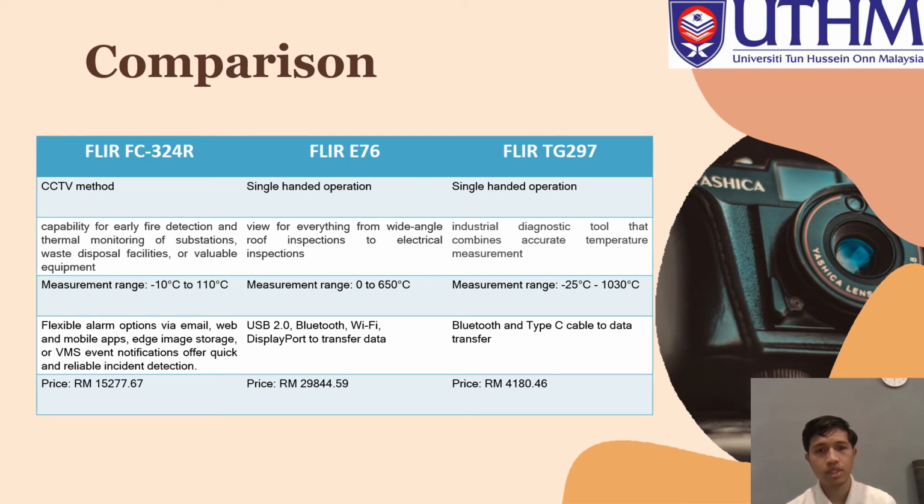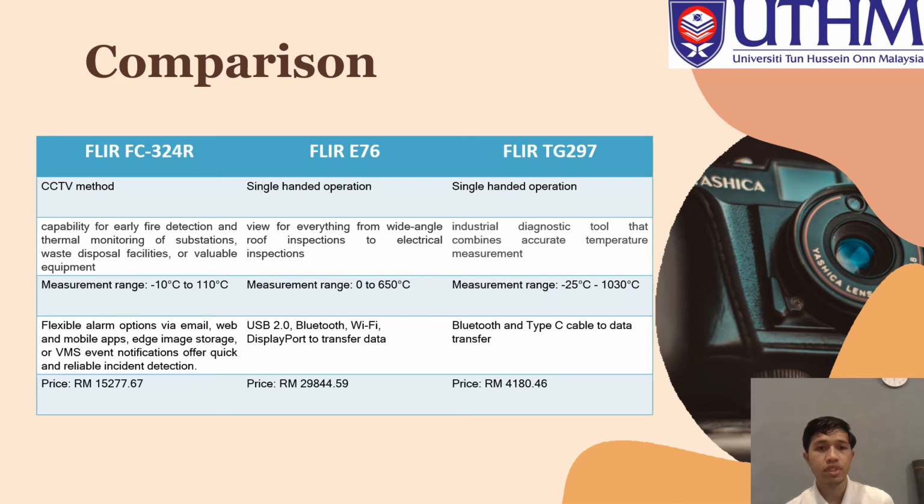And for E76, this camera can view everything from wide angle, roof inspection to electrical inspection. And TG297 is an industrial diagnostic tool that combines accurate temperature measurement.